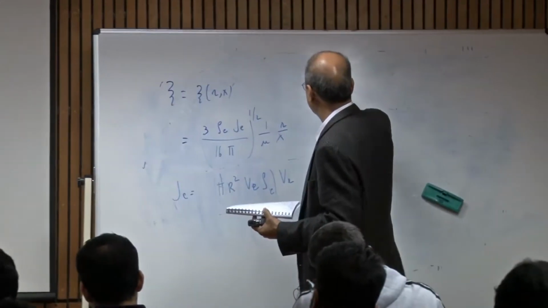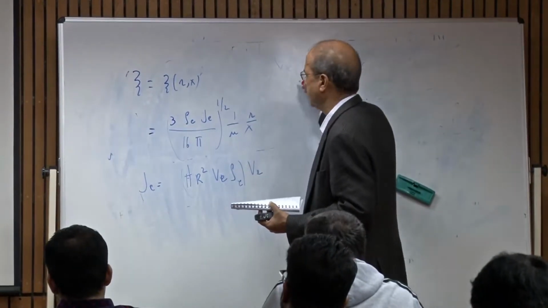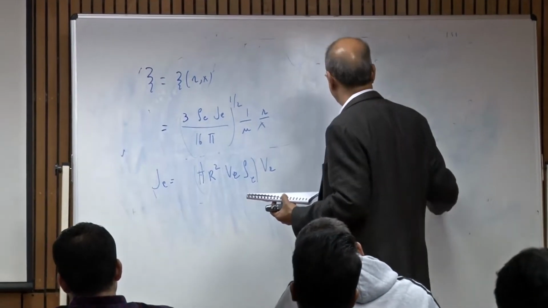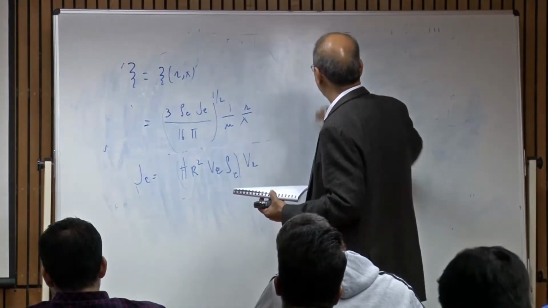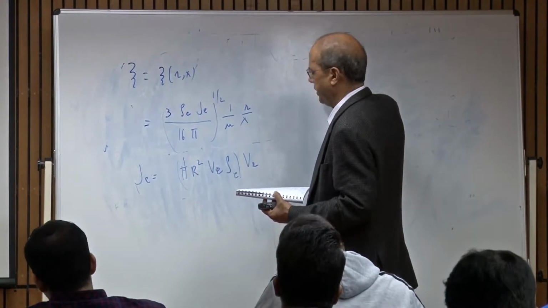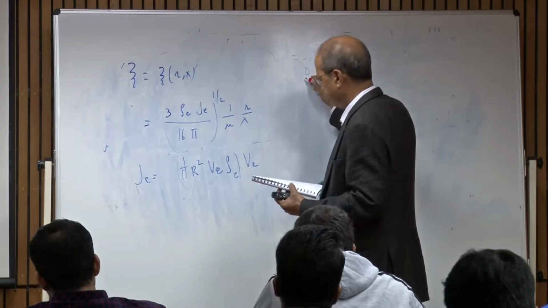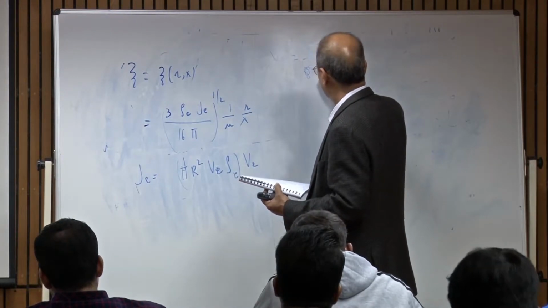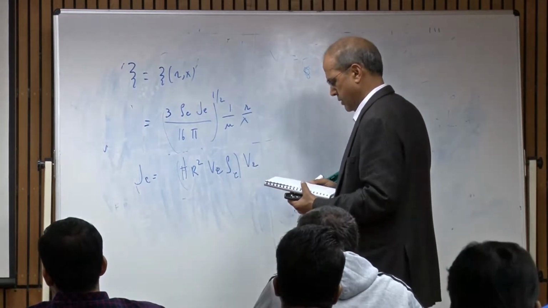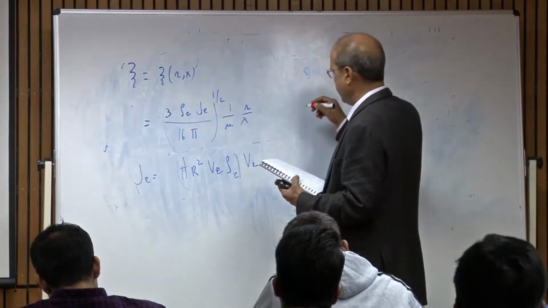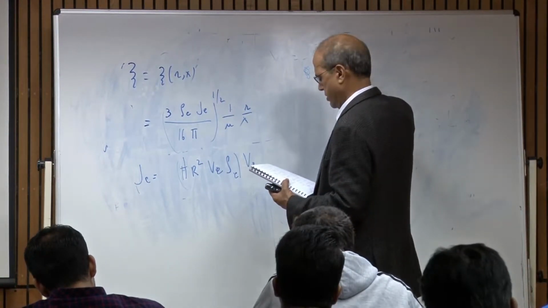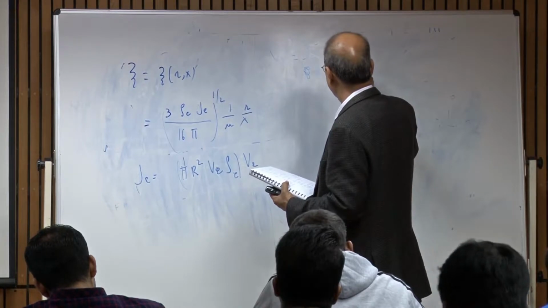So Vx as a function of r and x then is 3 over 8 pi, J e, mu times x.